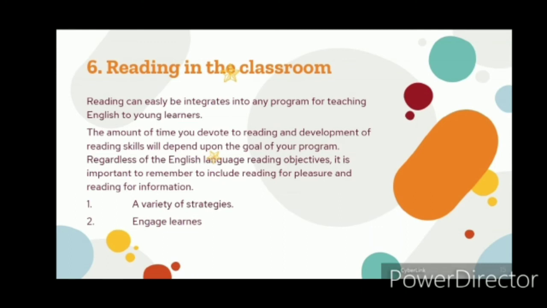And the first is a variety of strategies. Children can be taught a variety of reading strategies before you begin any reading lesson, or even mini reading lesson. Help children use context clues to determine meaning.